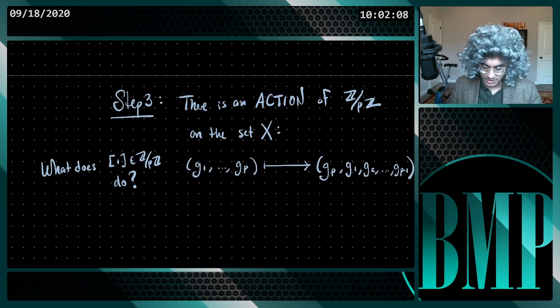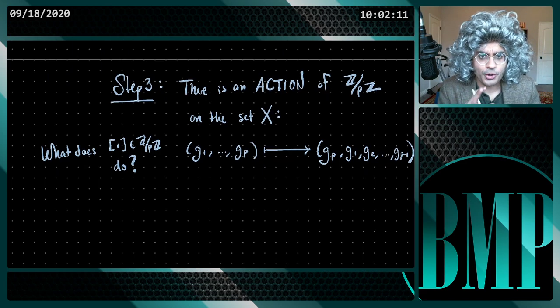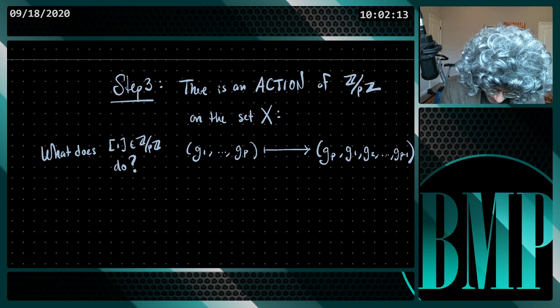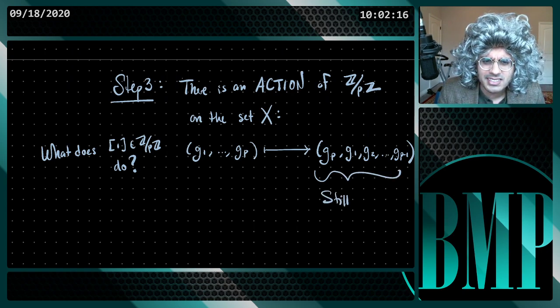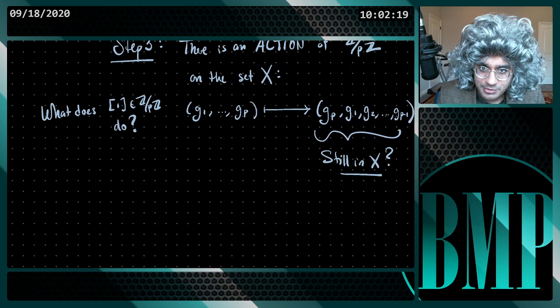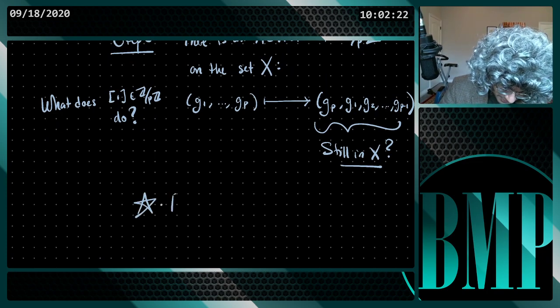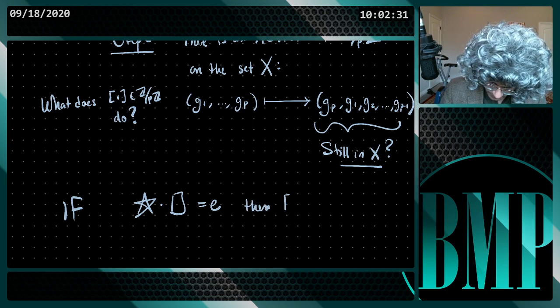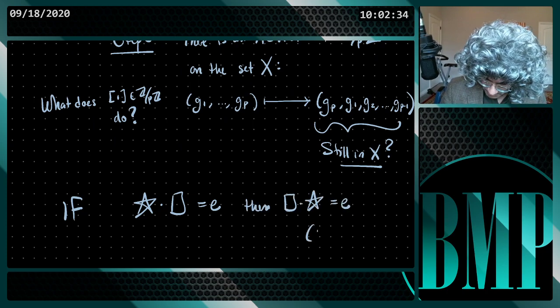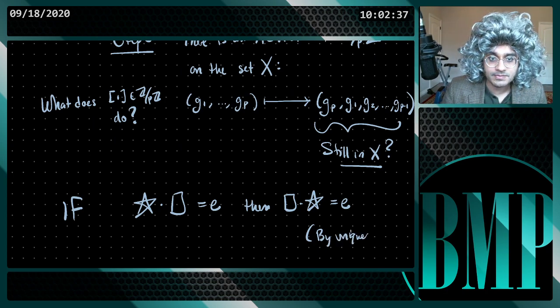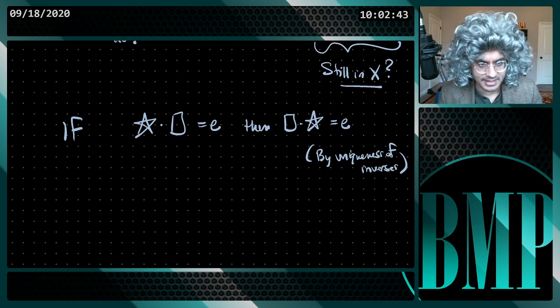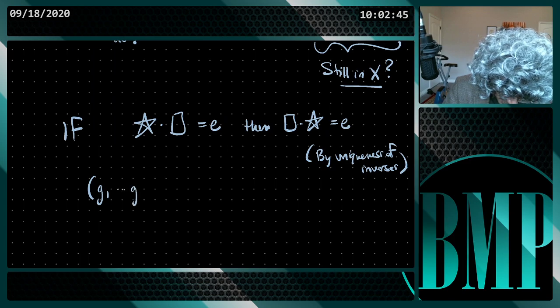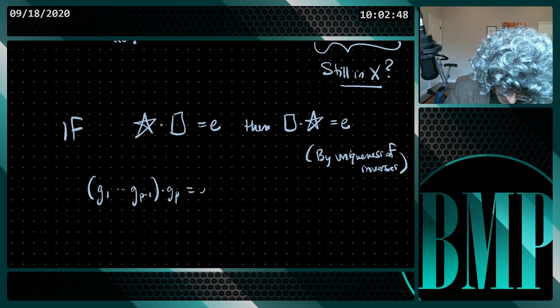One thing you have to confirm though, why is this element still in X? That's because if star times square equals identity, then square times star also equals identity, by uniqueness of inverses. And all I'm doing is applying that to g1 up to g(p-1) times g_p equals identity.